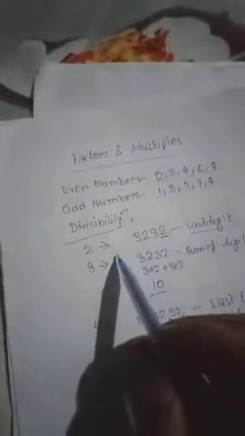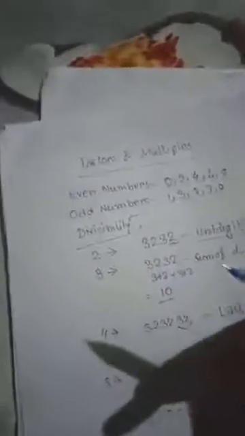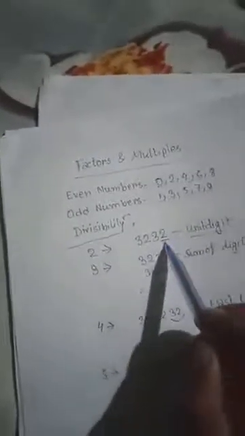Now see the divisibility rules of some numbers. Without dividing a number, we can tell if the number is divisible by 2, 3, 4, 5, 6 and so on. So now let's check the divisibility of 2. In the case of 2, you will see the last digit only.